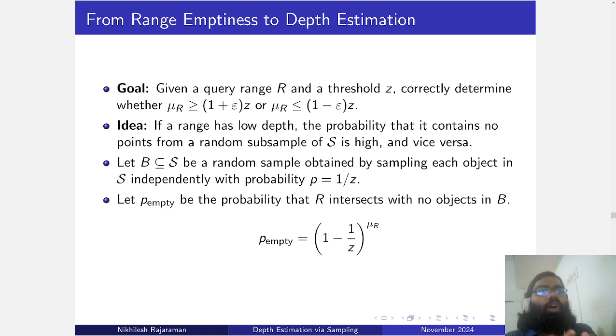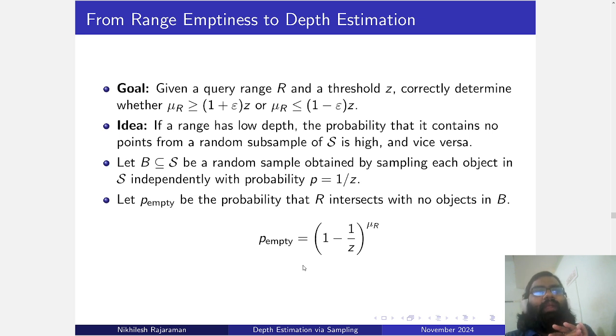Each object is being added to our random sample with probability 1 by z. So the probability that an object is not picked in our random sample is 1 minus 1 by z, which is what we have here as a base. And there are mu R objects in total that we're interested in.